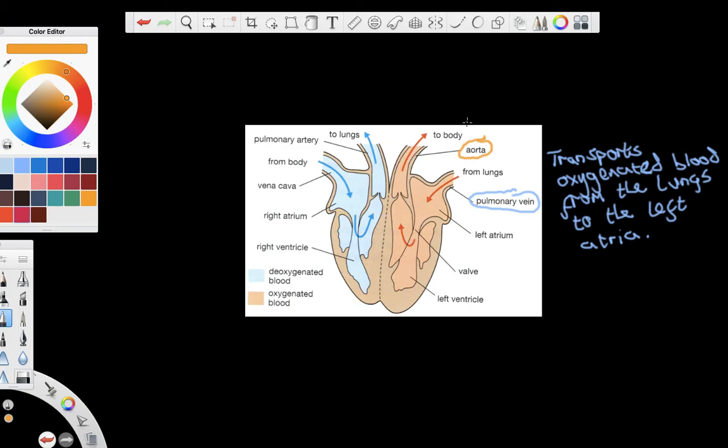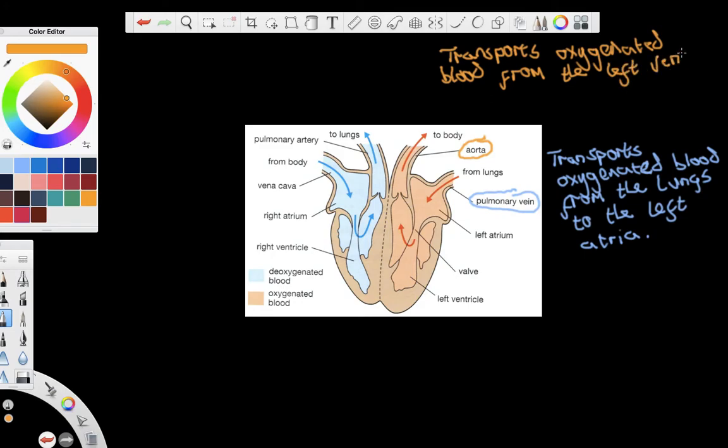Okay, so the aorta transports oxygenated blood from the left ventricle to the body.